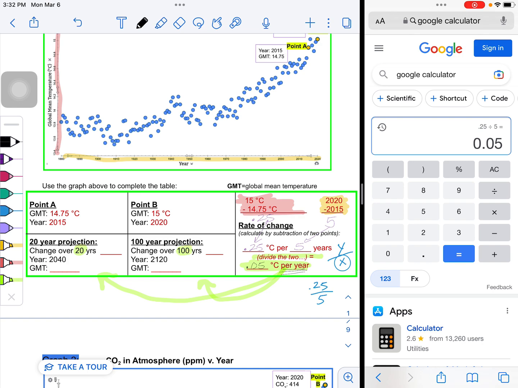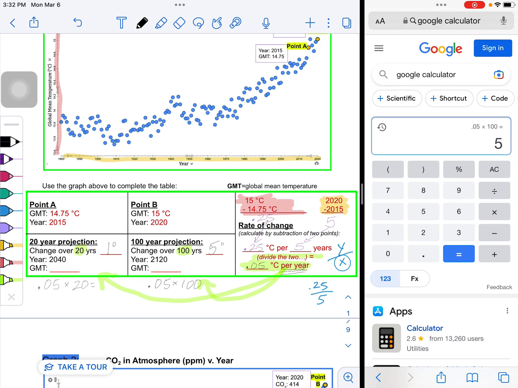So starting with my rate of change, 0.05, forwarding out 20 years, what would that amount be that we would see temperature go up in 20 years' time? It would change 1 degree. And same thing here for 100 years. What would that forecast be if I'm looking at a change of 100? 0.05 times 100, a change of 5 degrees.